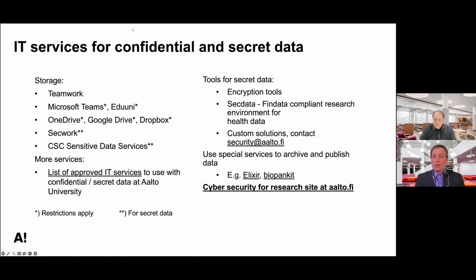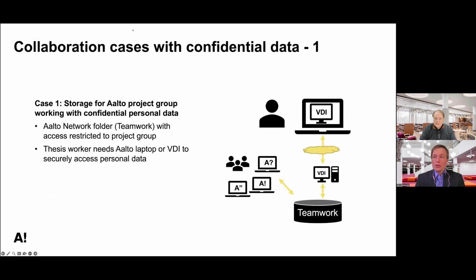So these are the services you can look at after classifying what kind of data you have. The list might be rather limited, but we most likely have a good service for you.